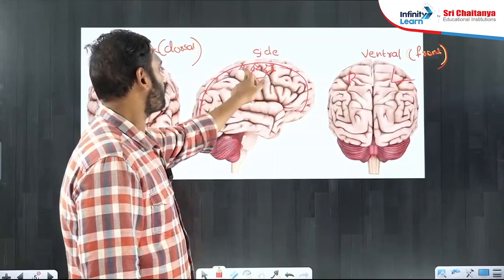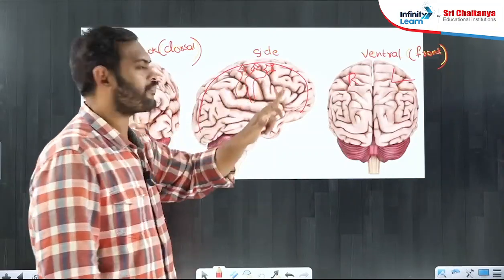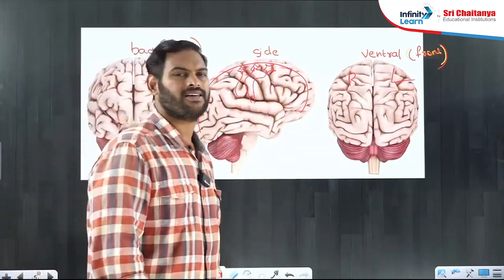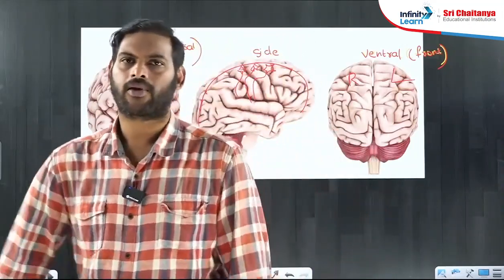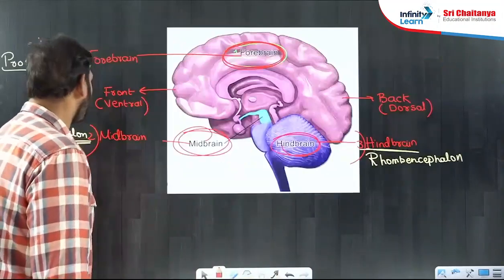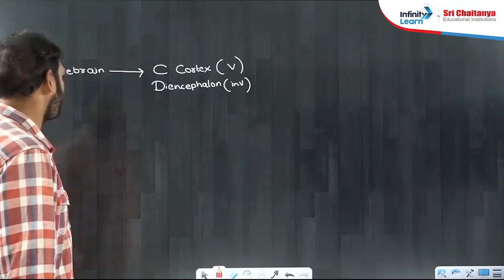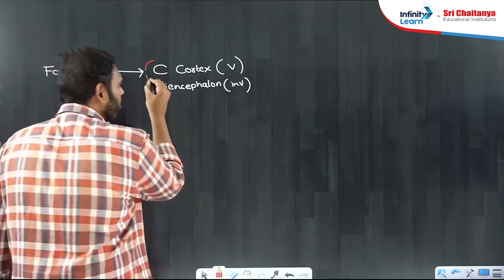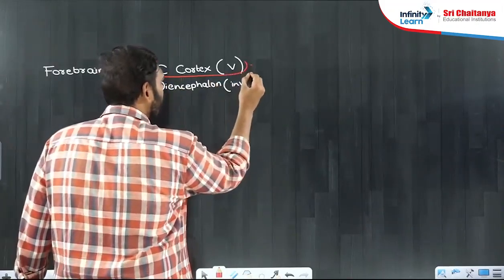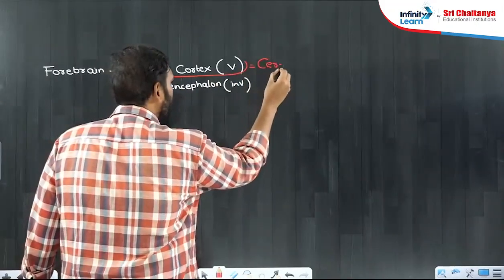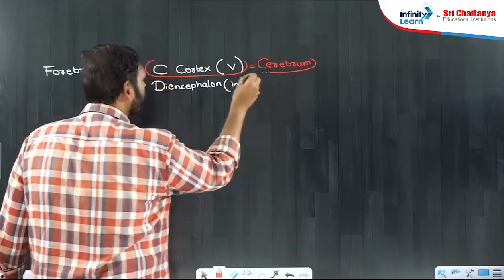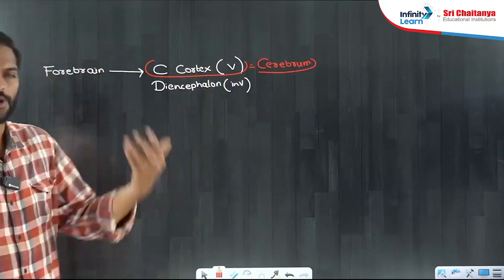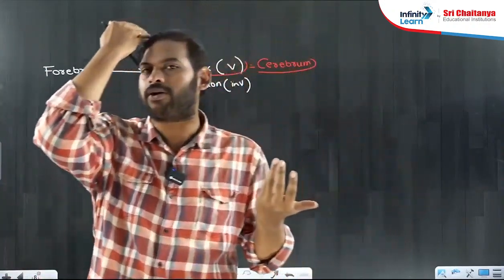And the cerebral cortex, or cerebrum. As I told you, the visible part, the cerebral cortex, is also referred to as the cerebrum. So the cerebrum has two hemispheres, left hemisphere and right hemisphere.